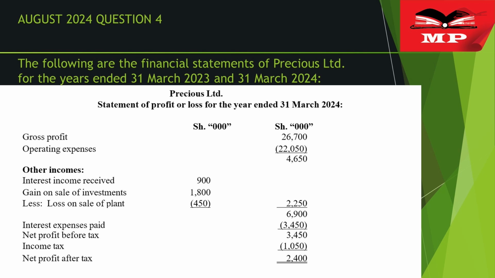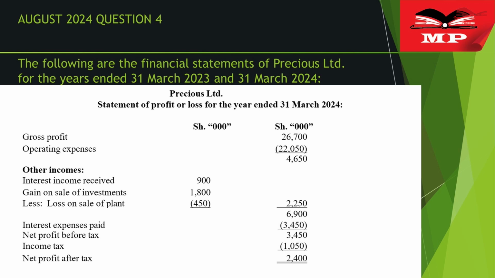These are expenses that the business incurred in the process of generating that gross profit of 26.7 million, like salaries, rent, power, water. There are companies that serve even tea in the offices. That money is also under operating expenses.